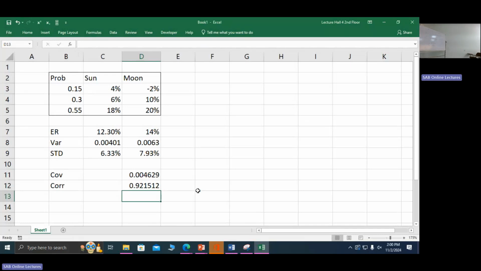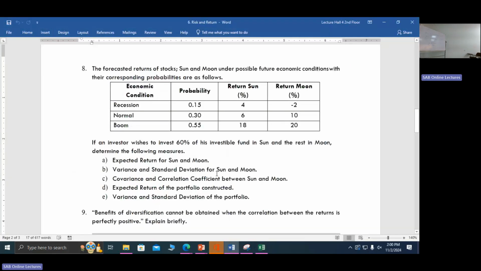Now, the question: for various correlations. Now you can see positive correlation, it's very close to 1.